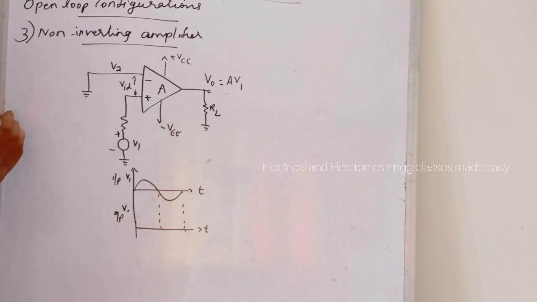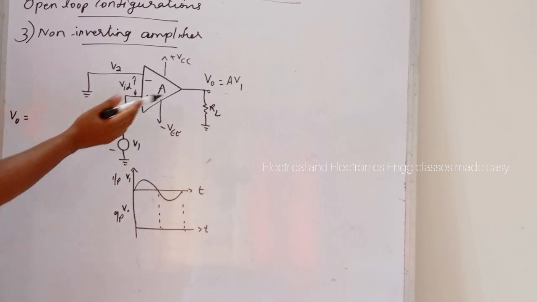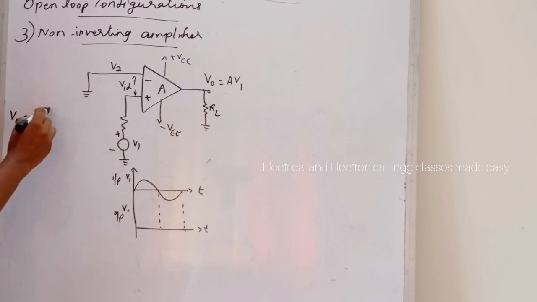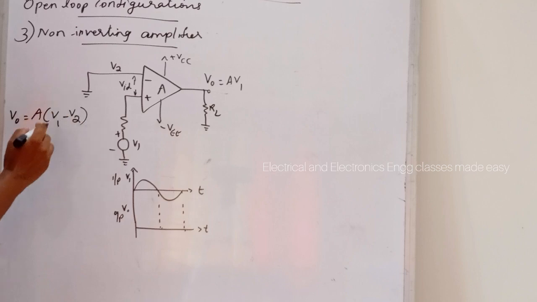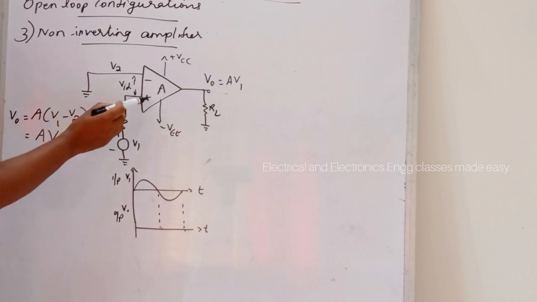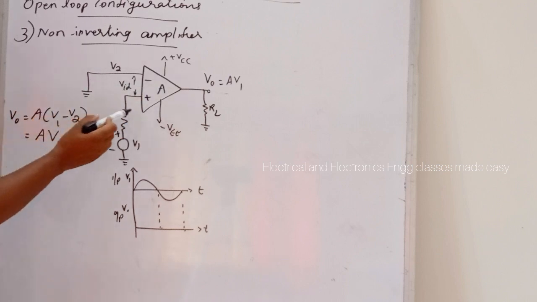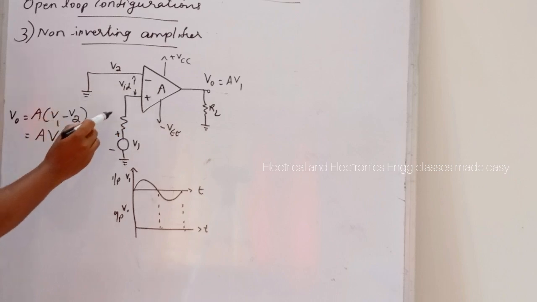That is, output voltage V0 is equal to A into (V1 minus V2), and here V2 is equal to 0. So we get A into V1. That is, the input signal is amplified by the gain A and hence the output is in phase with the input signal because it is applied to the non-inverting input terminal.